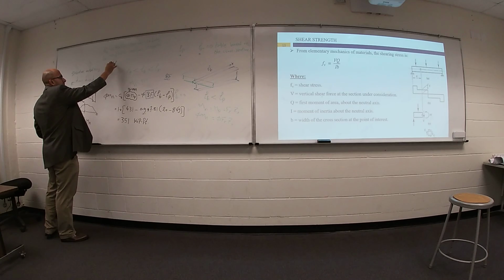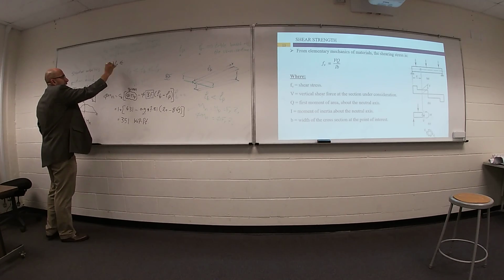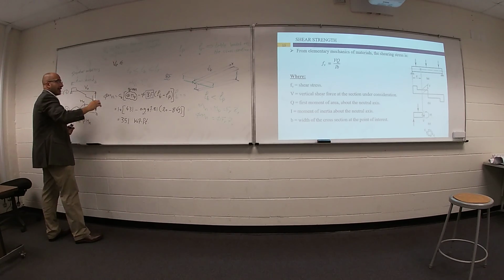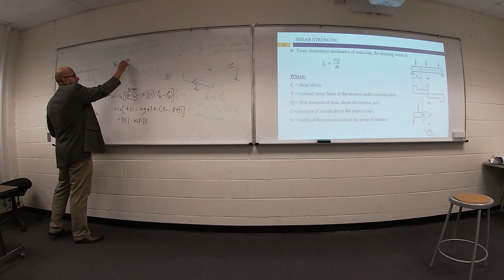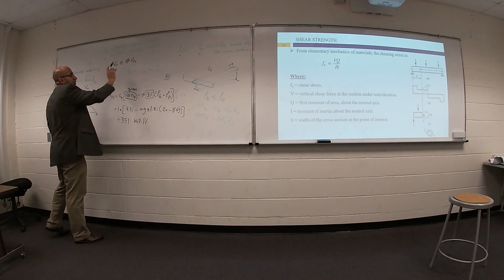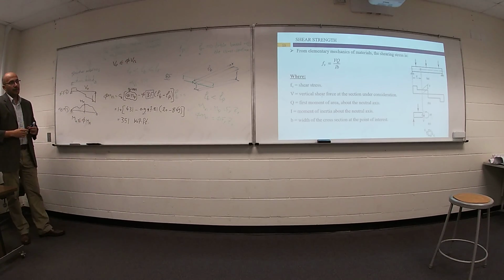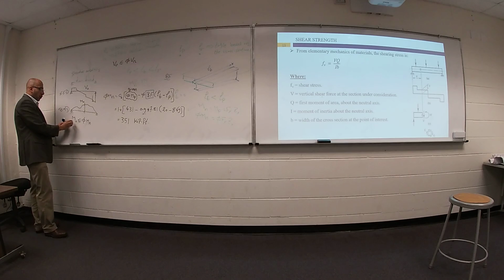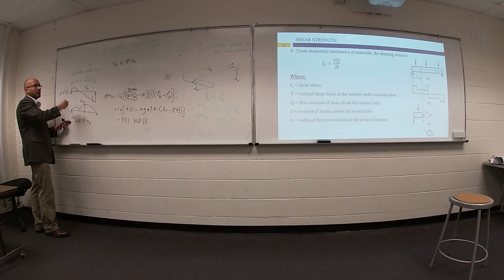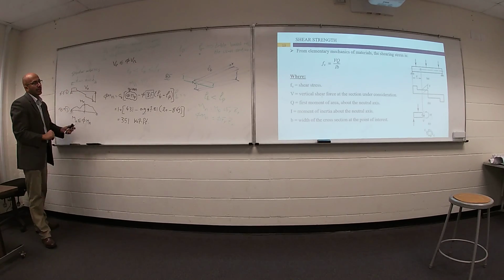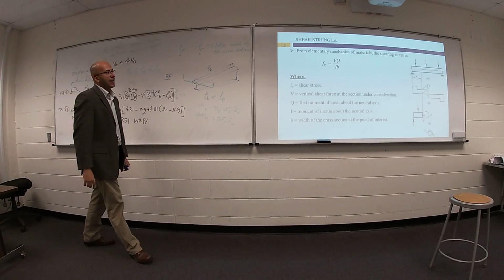This value must be equal or less than your design shear capacity or strength. The same philosophy, everything's the same. Your factored internal force, maybe moment, maybe axial force, maybe shear, must be smaller than or equal your design value.